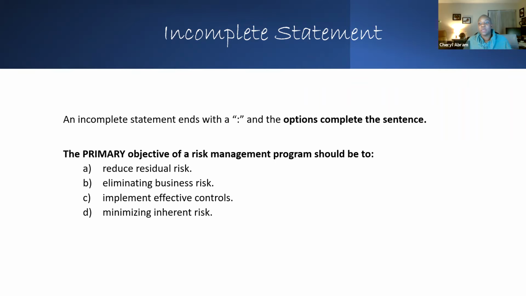If the option does not produce a grammatically correct completion for the sentence, test takers will know this answer is likely incorrect. So when they write the distractors, sometimes you're going to see this. A seasoned test taker will take note of that before they even get to the content.